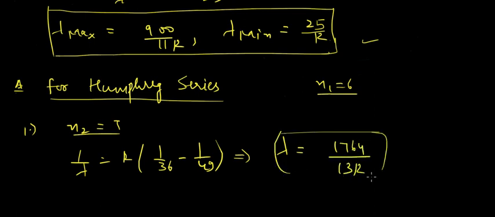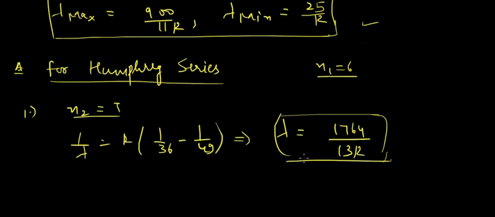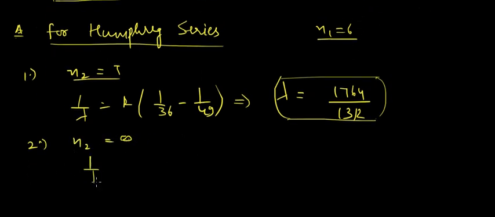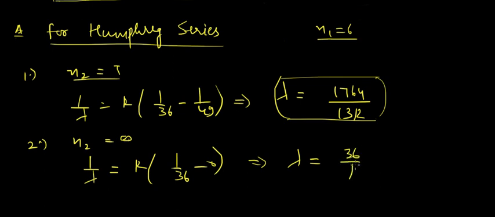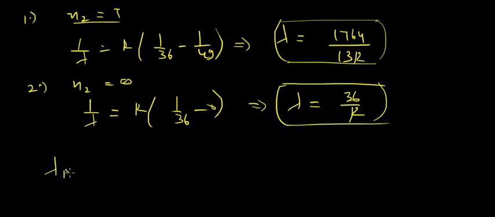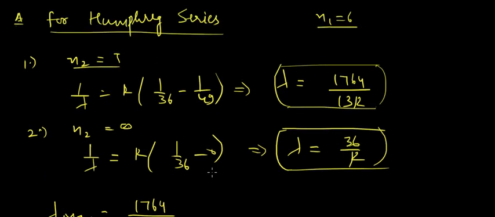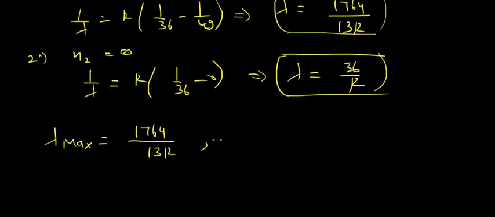This would be lambda max, and we would also get lambda min from n2 equals infinity. In that case, 1 upon lambda would be 1 upon 36 minus 0, which implies lambda min would be 36 upon R. Finally, concluding that lambda max for the Humphreys series would be 1764 upon 13R and lambda min would be 36 upon R.